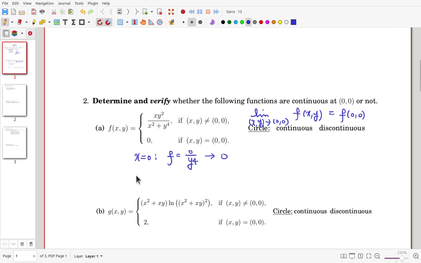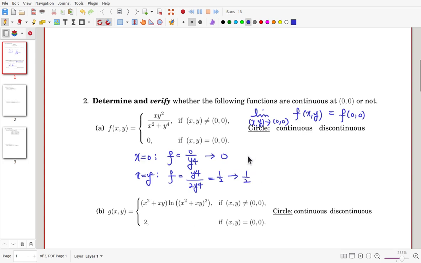But if you choose, for example, x equal y squared along the curve, now x, y is approaching, and f becomes, with x as y squared, the top is y to the 4, the bottom is y to the 4 plus y to the 4, so 2 times y to the 4. Along the curve, the value is always half, so that limit must be half.